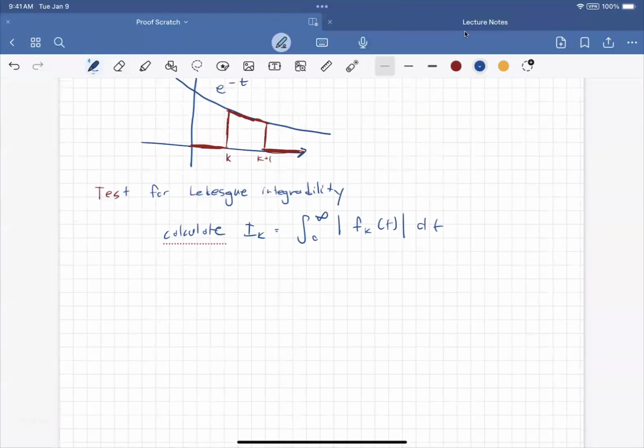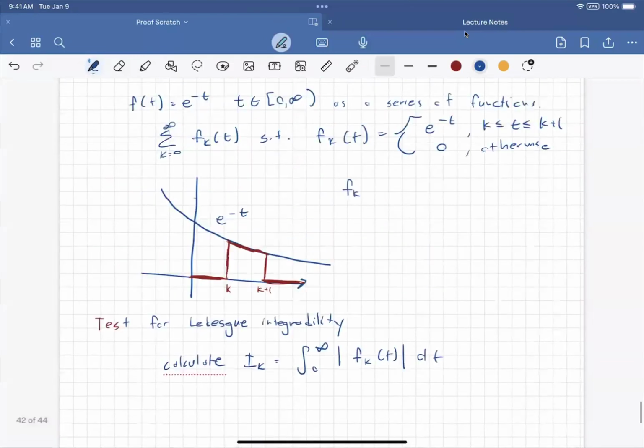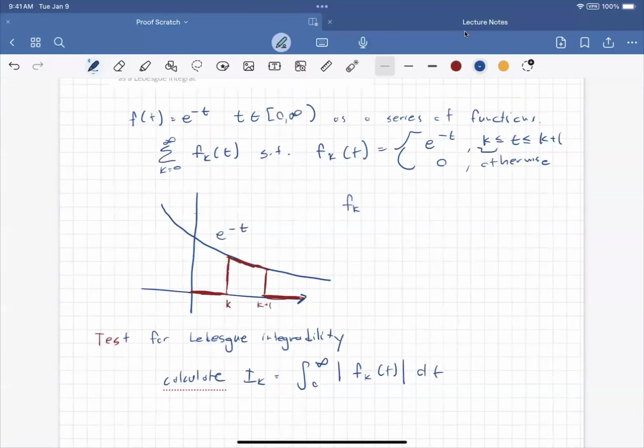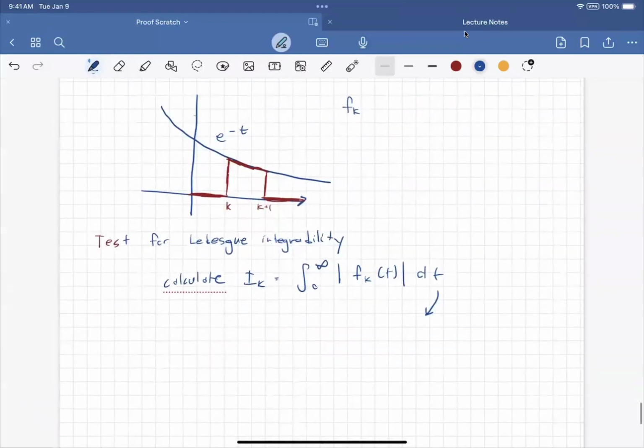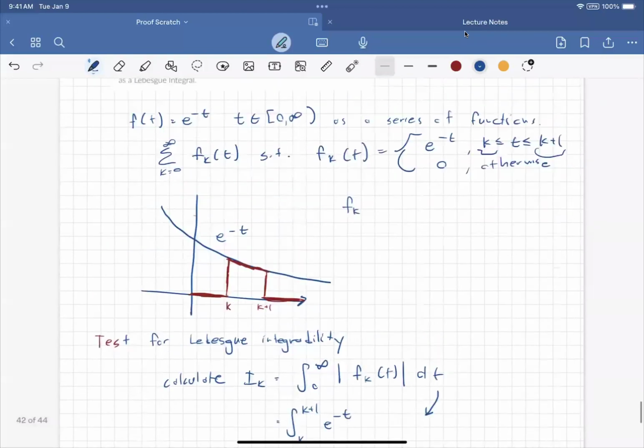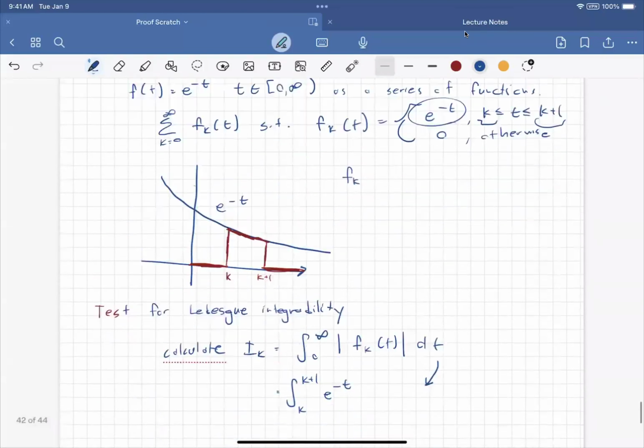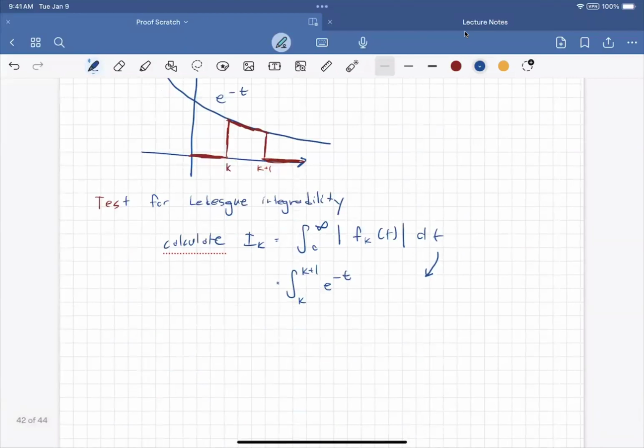Because we know that f sub k is defined specifically between k and k plus 1, we can rewrite this as the integral from k to k plus 1 of e to the negative t dt, because of the way we defined our piecewise function up here.